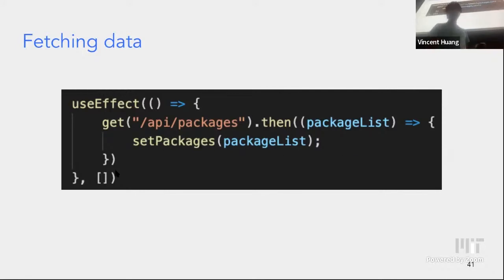So what this will do is ensure that one time at the very beginning of your lifecycle, you'll update the packages state with the data that you got from the packages API endpoint. And this is useful if you have a bunch of data that you're trying to load from your backend into your state once, and then you reuse that state over and over later.